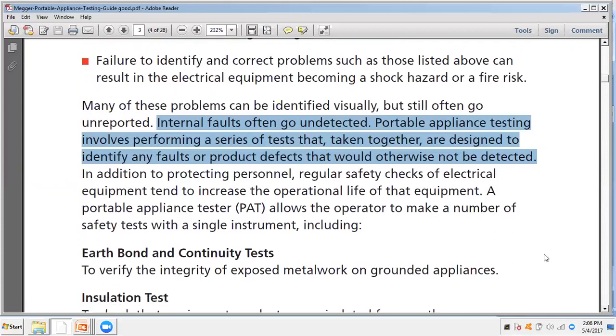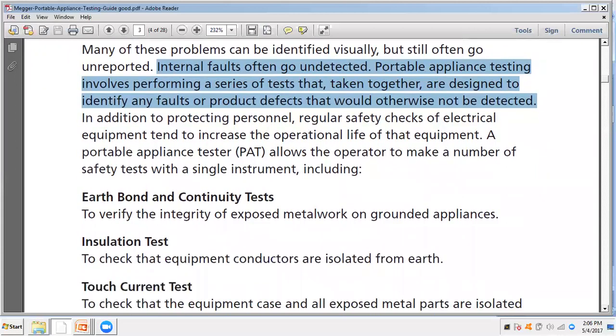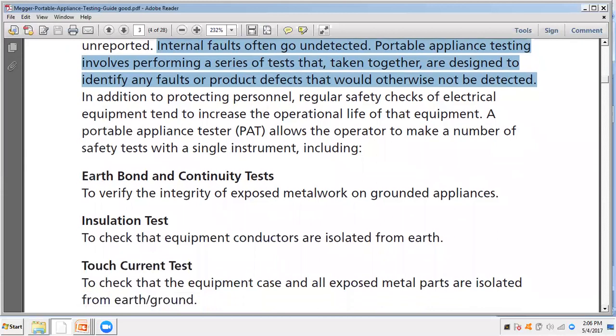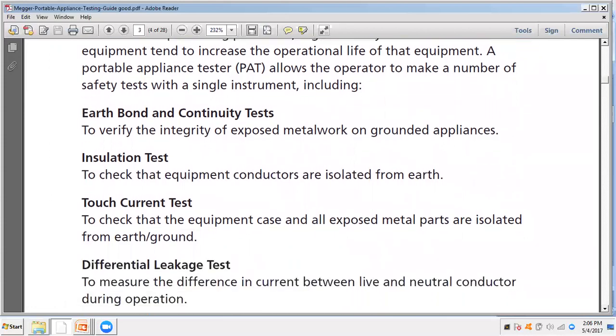A portable appliance tester allows the operator to make a number of safety tests with a single instrument. First, the earth bond and continuity test. It is used to verify the integrity of exposed metalwork on grounded appliances. Second, insulation test. It is used to check that equipment conductors are isolated from earth. Third, touch current test.